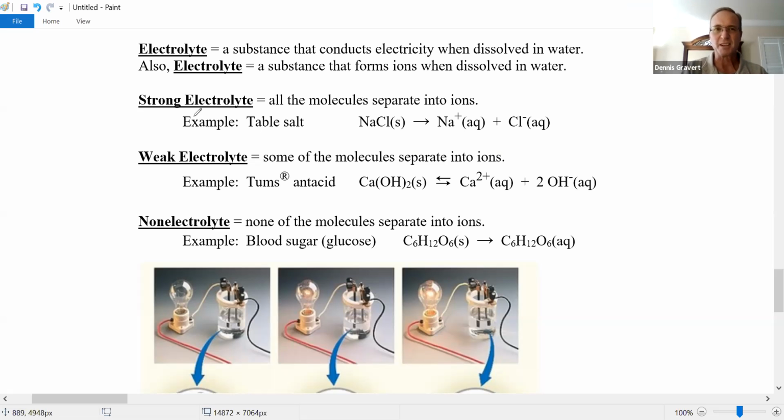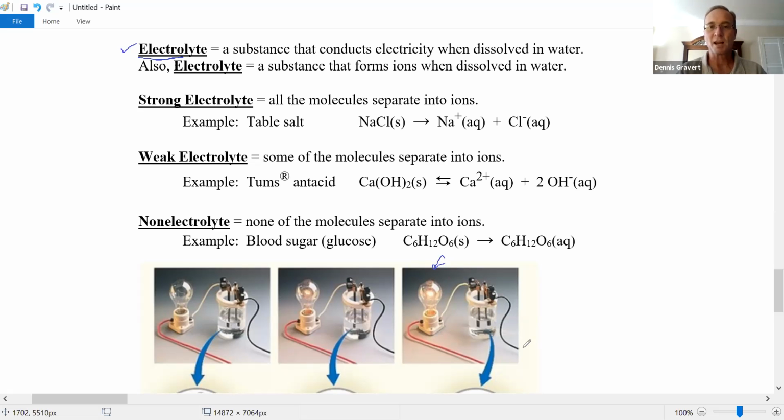Another word for salts is electrolytes. Electrolyte has 2 definitions. You should be familiar with both. The direct definition, meaning, well, why is there electro in the name of this word, electrolyte? It's because literally you can conduct electricity with these solutions. We'll jump down here to the bottom of this slide. We got a light bulb here that's being lit, and we're connected to a circuit.